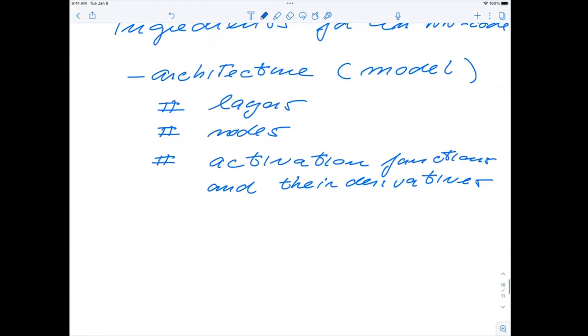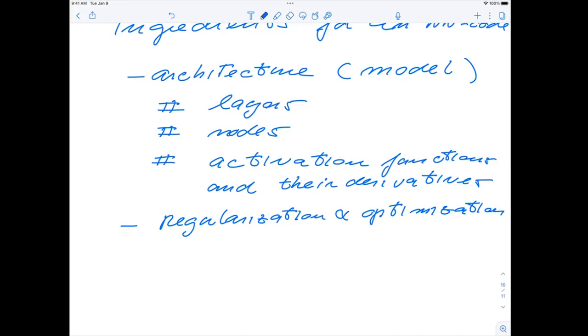Then the other things are quantities like regularization and optimization, as we discussed last time. And in here, oh, I forgot one thing here. You need to define the cost function as well, which you want to use.